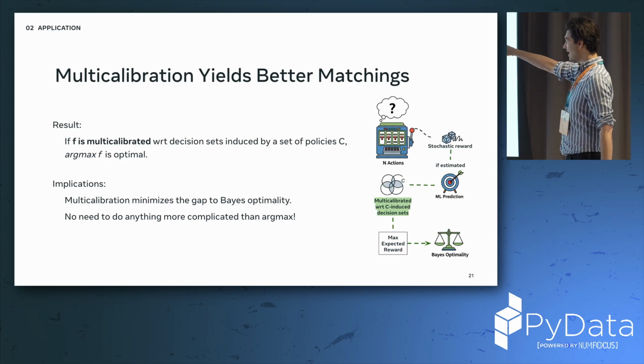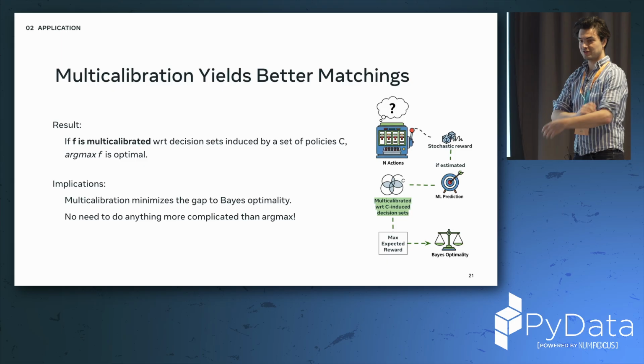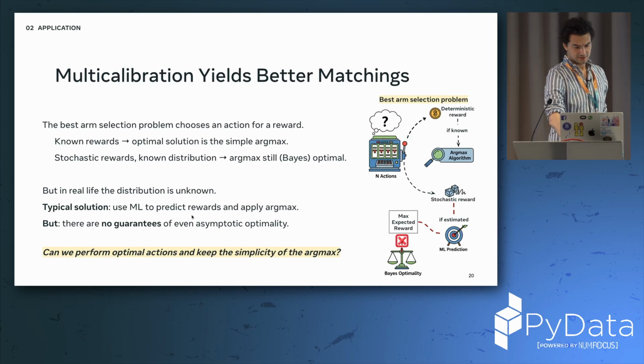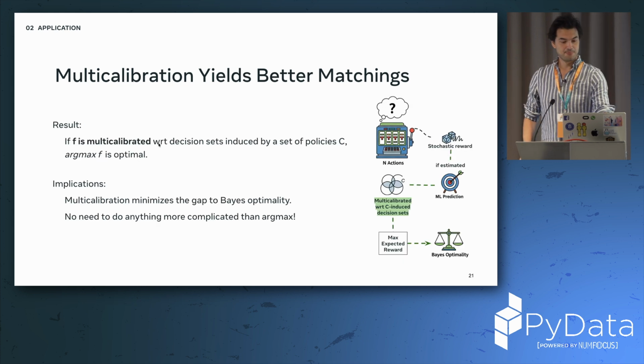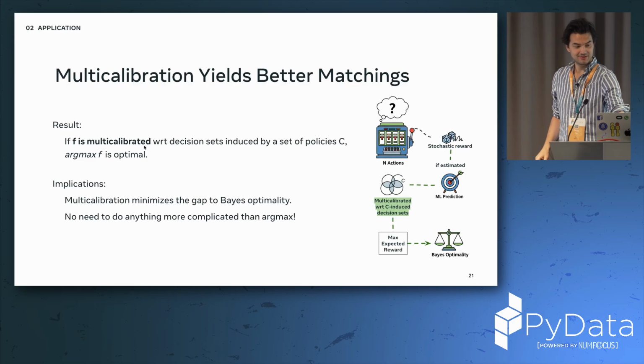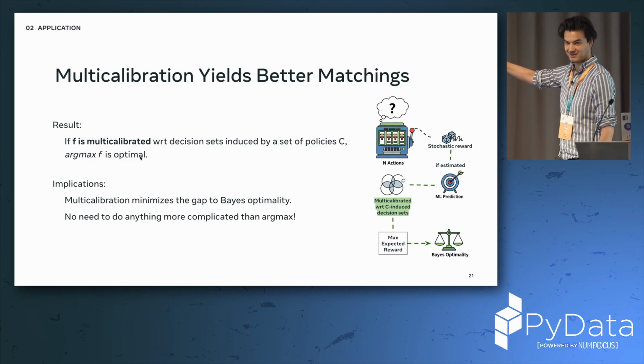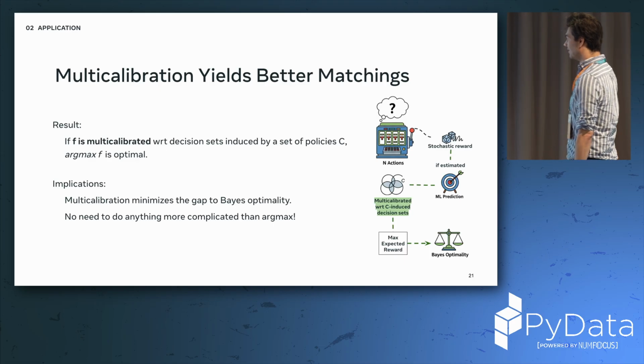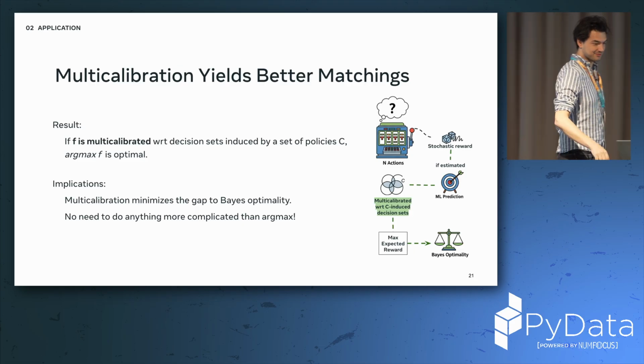If your model F that you use for estimating these rewards, this model here that predicts the rewards, is multi-calibrated, then and only then the argmax policy of selecting your decision, selecting your arm, gives you Bayes optimality.